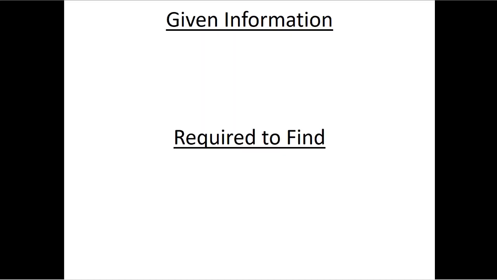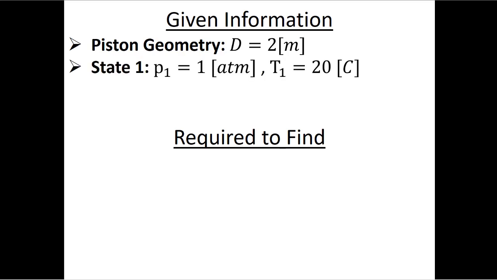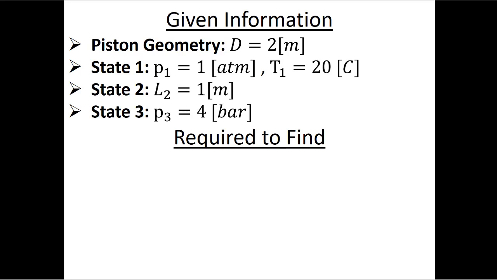So if we look at our problem-solving methodology, the first thing we want to do is harvest some given information from the problem. We know that the diameter of our piston is 2 meters, that at state 1 we have liquid water at 1 atmosphere and 20 degrees Celsius, and that at state 2 our piston expands to the point where it's 1 meter away from the base.